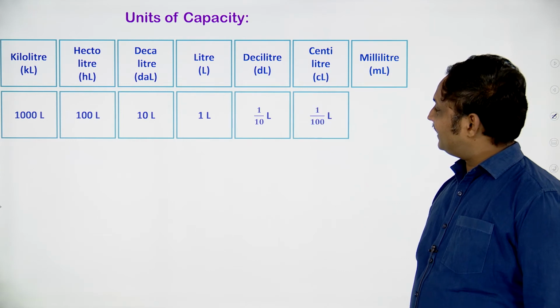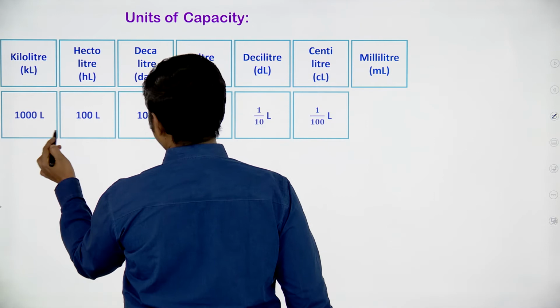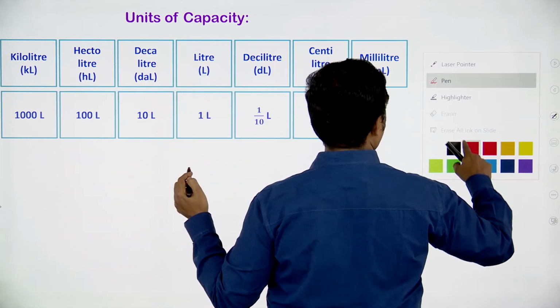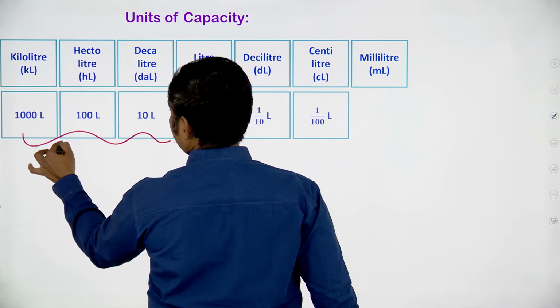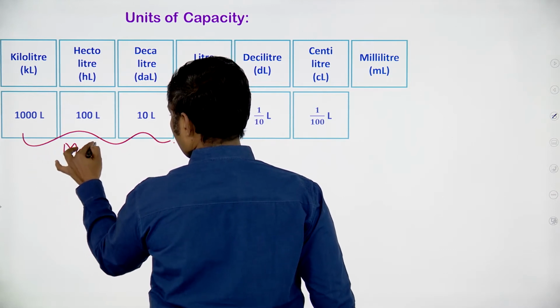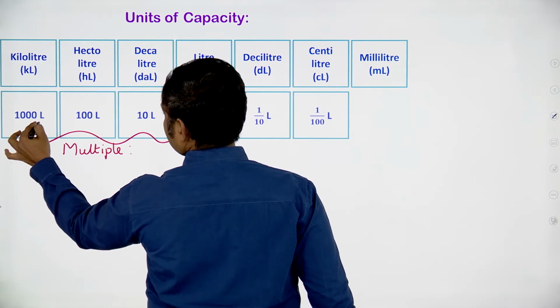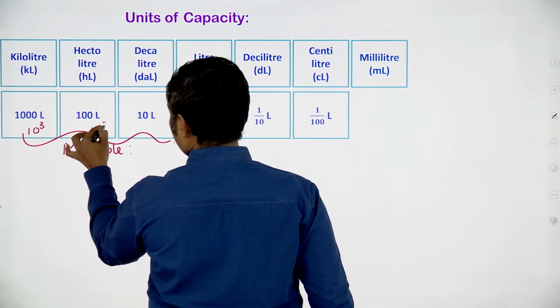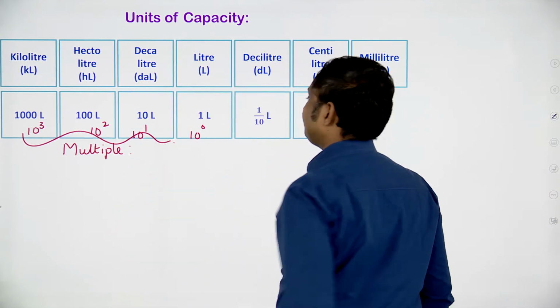1 liter, then 1 by 10, where we are using that. This is about the multiples, that is 10 power 3, 10 power 2, 10 power 1, and 10 power 0.